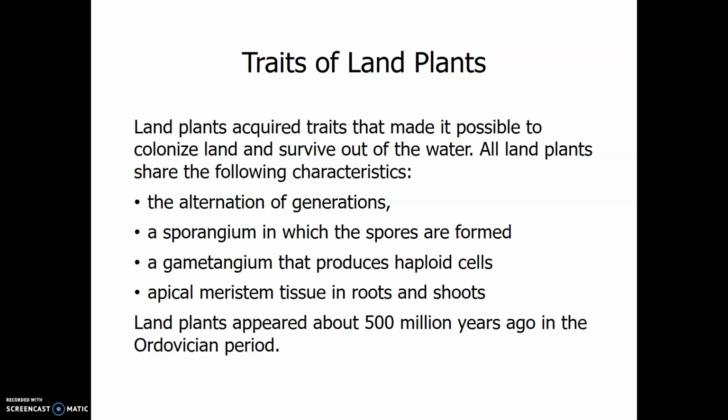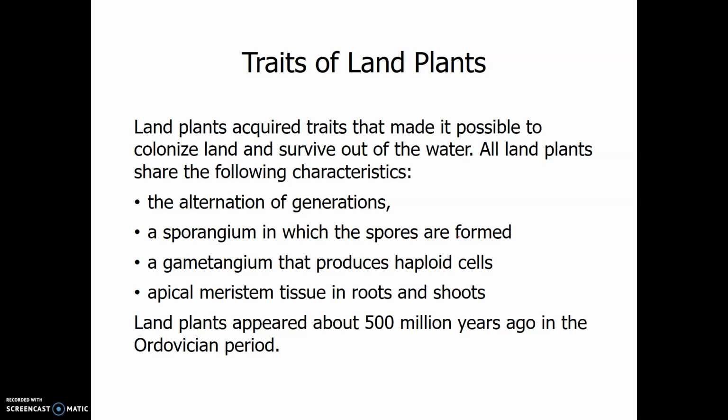So there is a group of plants called vascular plants and a group called non-vascular plants. An example of a non-vascular plant would be a moss, and then your vascular plants can be divided into ones that produce seeds and ones that don't.